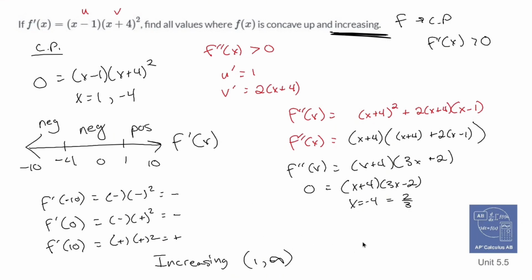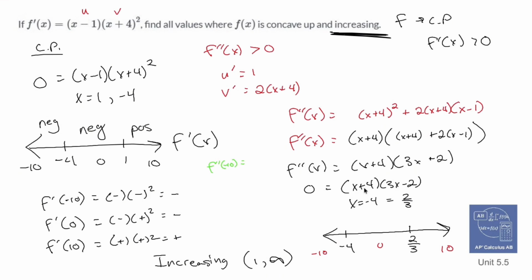Okay, so let's make a sign chart involving the numbers negative 4 and 2/3. So I can plug in negative 10, I can plug in 0, and I can plug in regular 10. Okay, so let's do the same thing that we did here with that guy and do f double prime of negative 10.